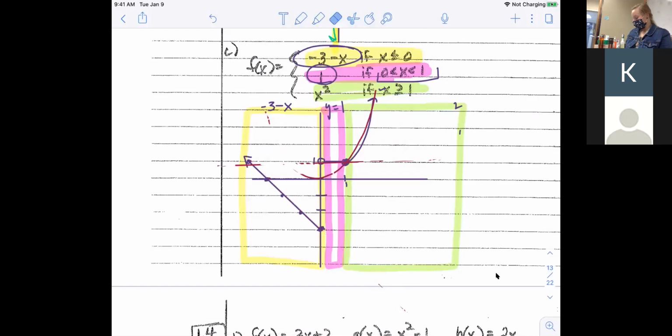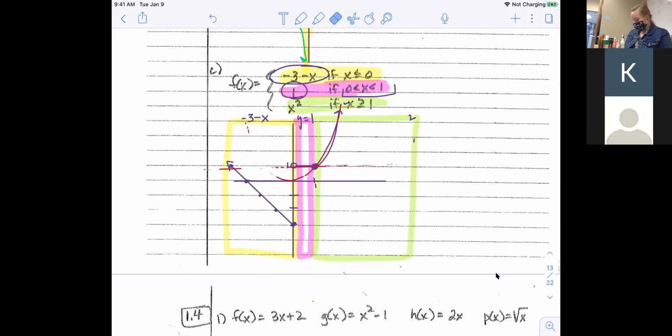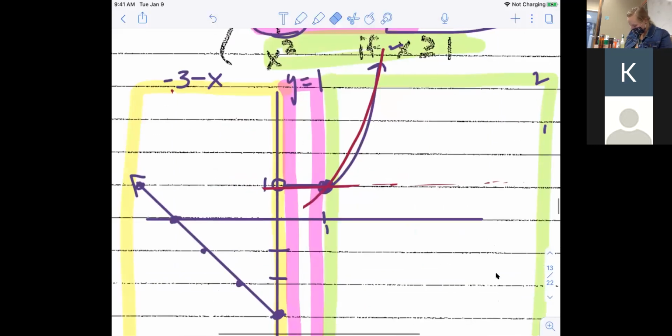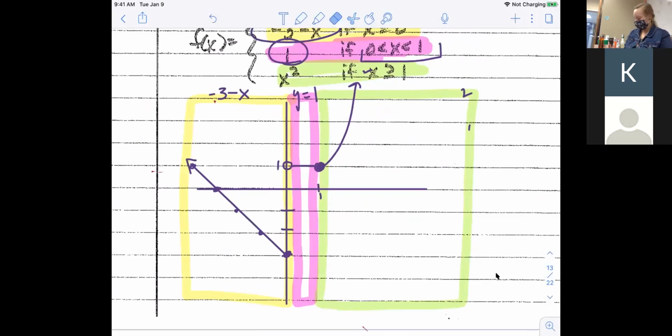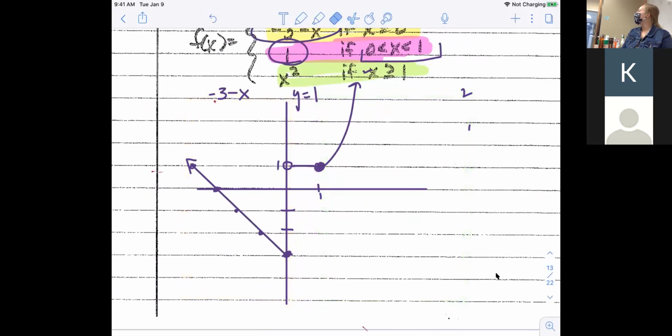Okay. All right, let's do our discontinuity while we're here. This is so ugly. I wish I hadn't drawn that. Oh well. It's mostly gone. Okay. What is my discontinuity here? Is it continuous? No. Is it a removable discontinuity?